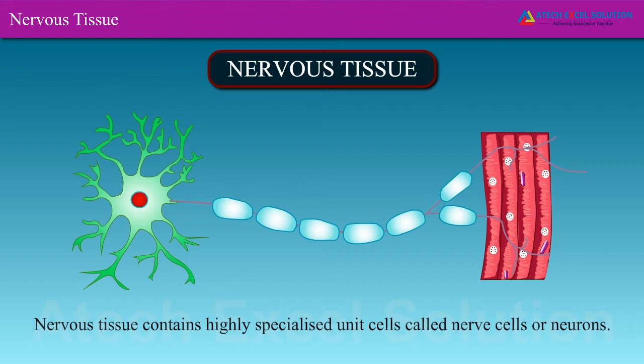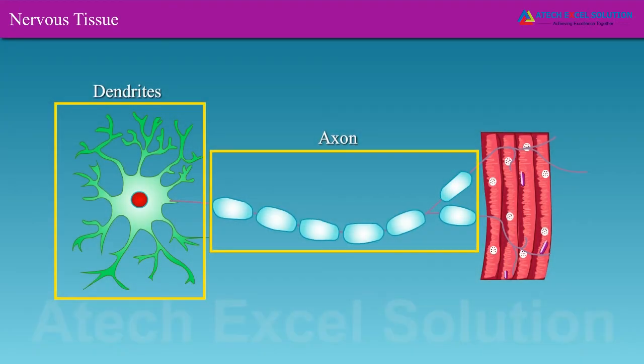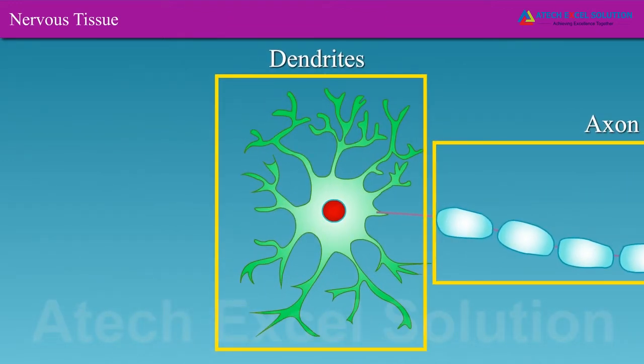Neurons have the ability to receive stimuli from within or outside the body and to conduct impulses to different parts of the body. Usually, each neuron has a single long part, called the axon, and many short, branched parts, called dendrites. A neuron consists of a cell body with a nucleus and a cytoplasm, from which long, thin hair-like parts arise.